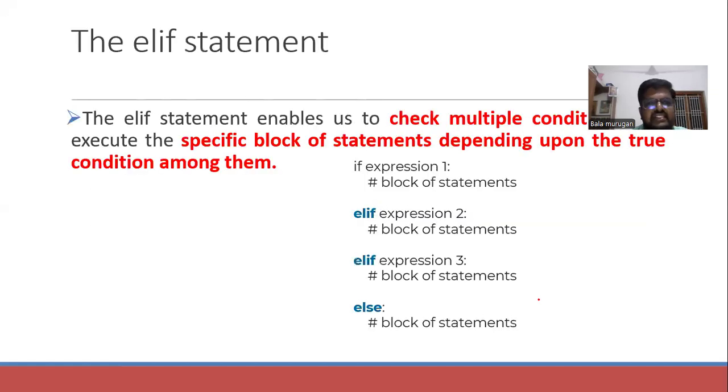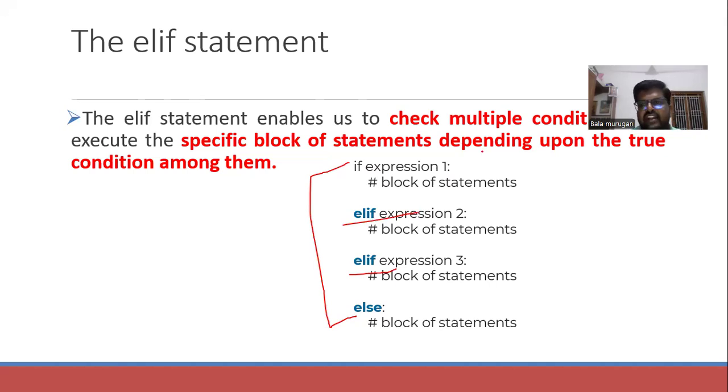Then the if elif else statement. It consists of one if block and one else block. This is the rule: one if block and one else block. But it may contain multiple elif blocks. If the if block is true, that block will be executed, and if any one of the elif blocks is true, that particular elif block will be executed.